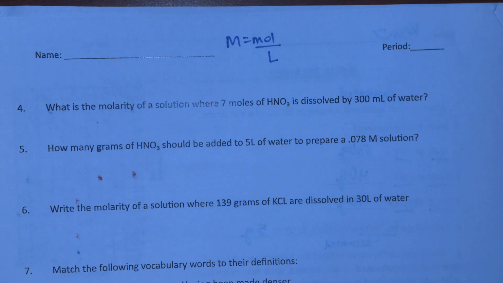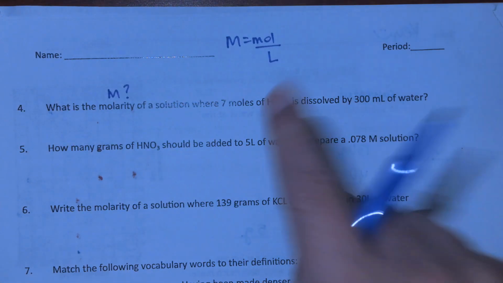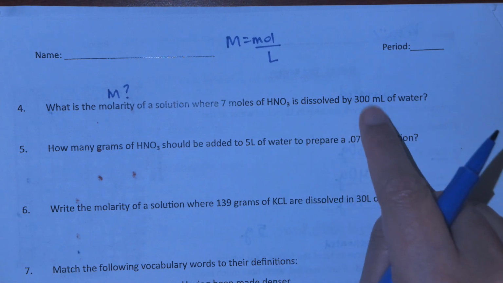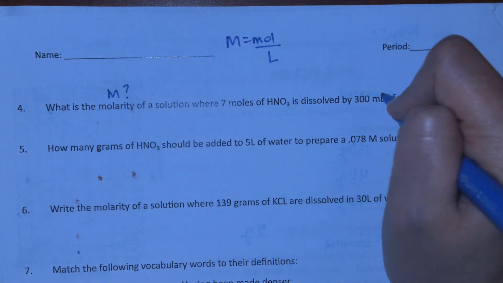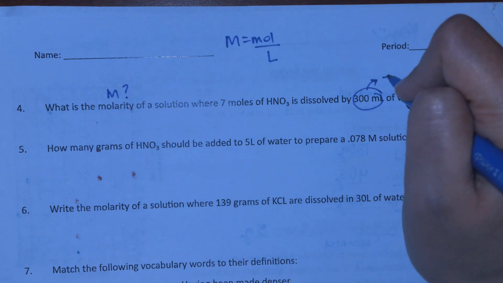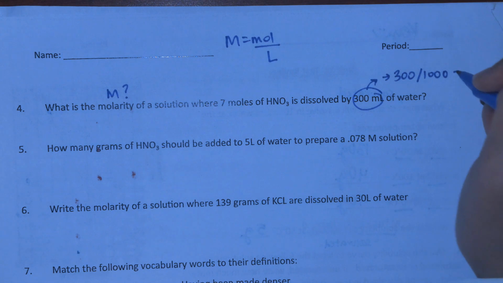Alright, so number 4. What is the molarity of a solution where 7 moles of HNO3 is dissolved in 300 milliliters of water? Okay, so we're trying to find molarity, question mark. We have our moles. We have our volume. But it's in milliliters. We got to convert that to liters. So it's 300 milliliters divided by 1,000 to get your liters.